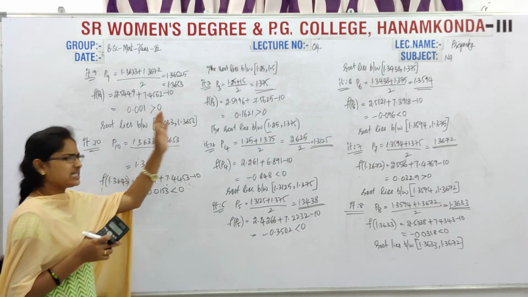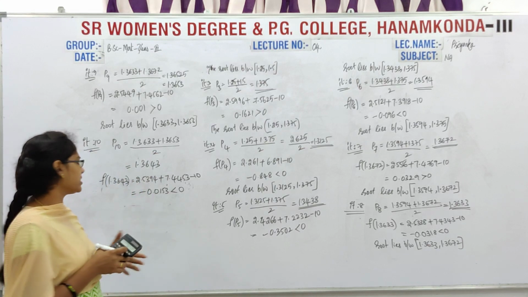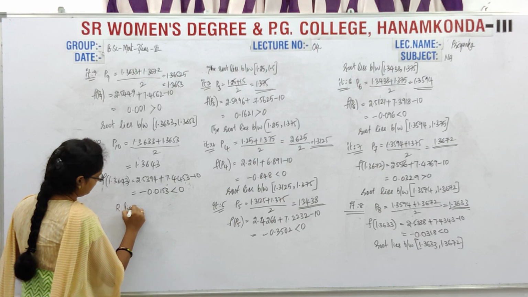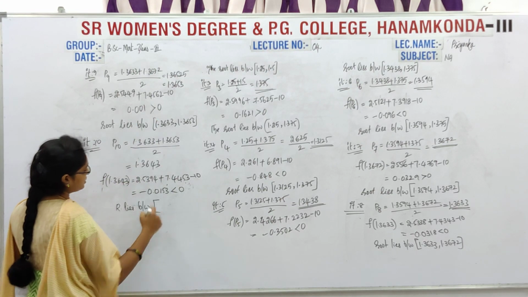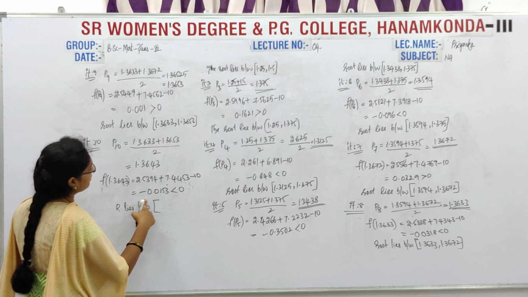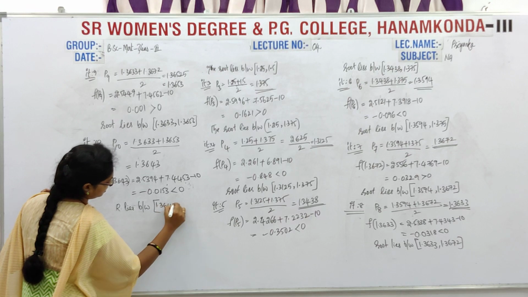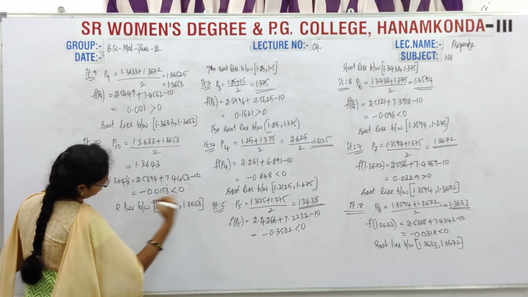See clearly, the same procedure we are taking, but the number of iterations is increasing. That's it. Again negative, so therefore the root lies between... the previous one we have positive, and here it is negative. That's why we have to take them in order: 1.3643 comma 1.3653.